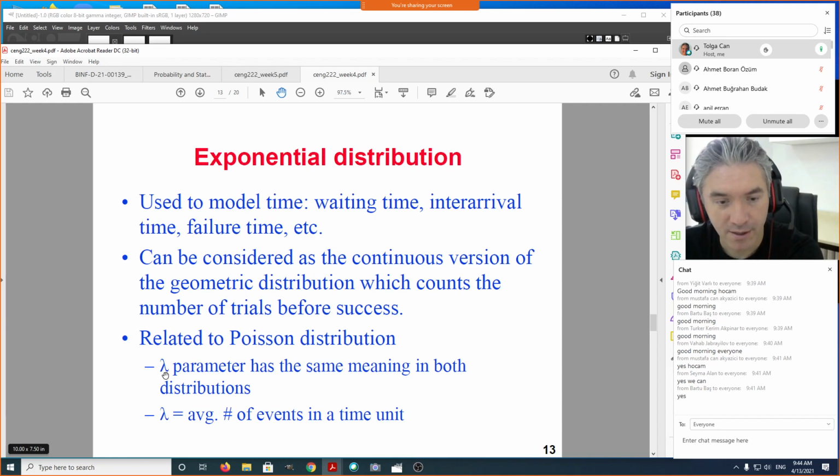Okay, we have seen the shape of Poisson changes with respect to the lambda parameter. As lambda gets larger, it looks similar to the normal distribution with a bell-shaped curve, but don't forget that the domain of Poisson distribution starts at 0. We can observe 0 events in that time interval, or we can observe infinite events.